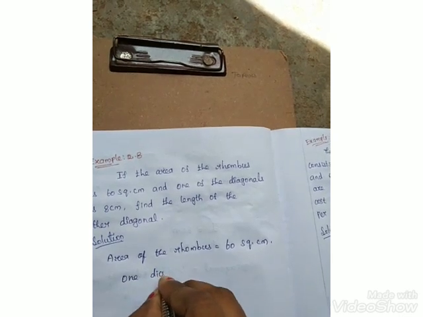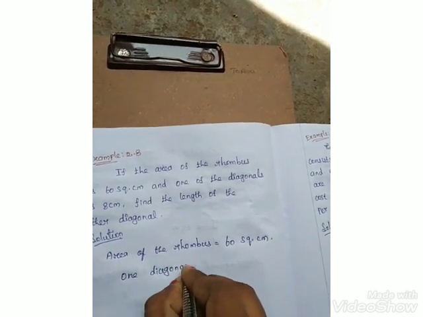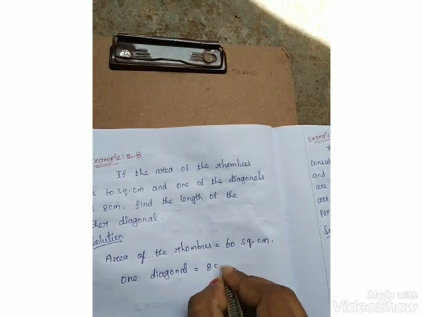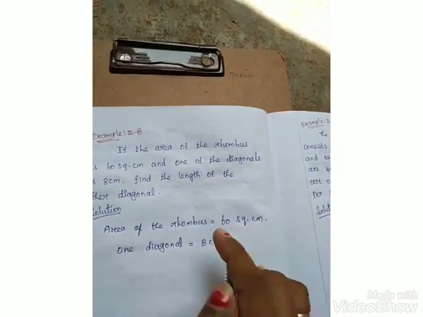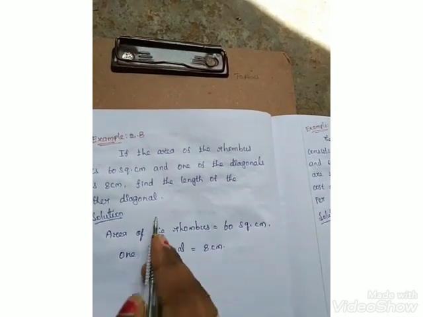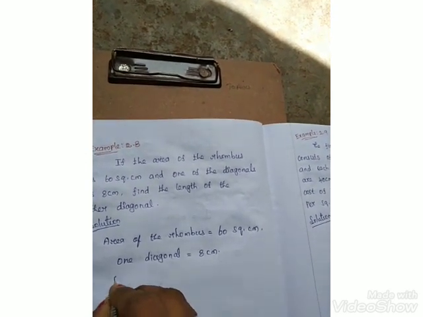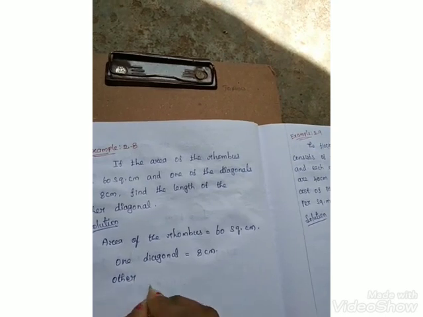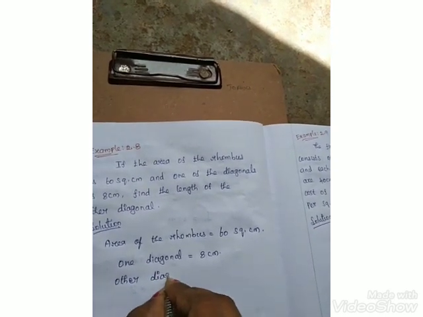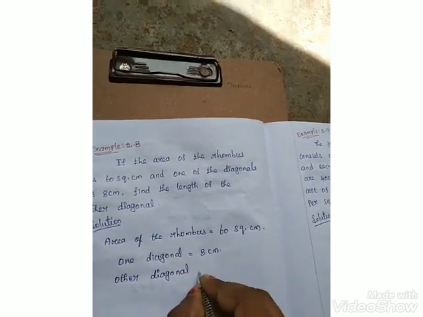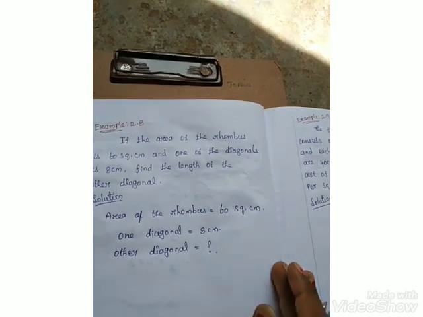One diagonal is equal to 8 centimeter. So what do we have to calculate? The other diagonal. Find the length of the other diagonal. So we have to calculate what the other diagonal is.